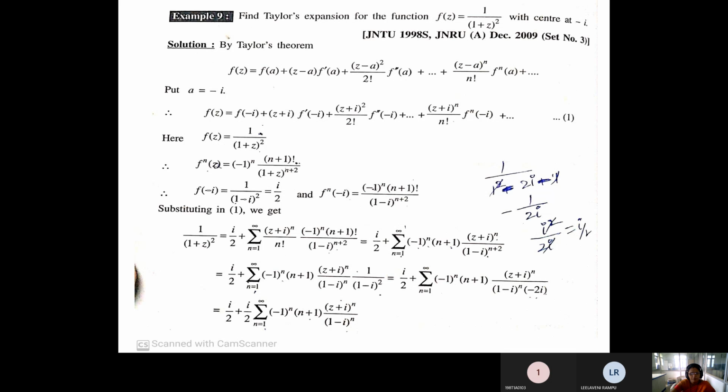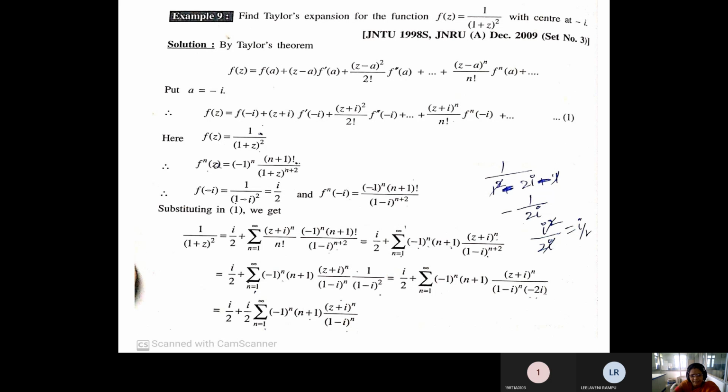That is equal to f of minus i by 2 plus, here we are taking directly the sigma notation, sigma n equal to 1 to infinity, since we are starting with f dash: (z plus i) whole power n by factorial n into fn of minus i, that is (minus 1) whole power n into (n plus 1) factorial by (1 minus i) whole power n plus 2. That is equal to i by 2 plus sigma n equal to 1 to infinity.